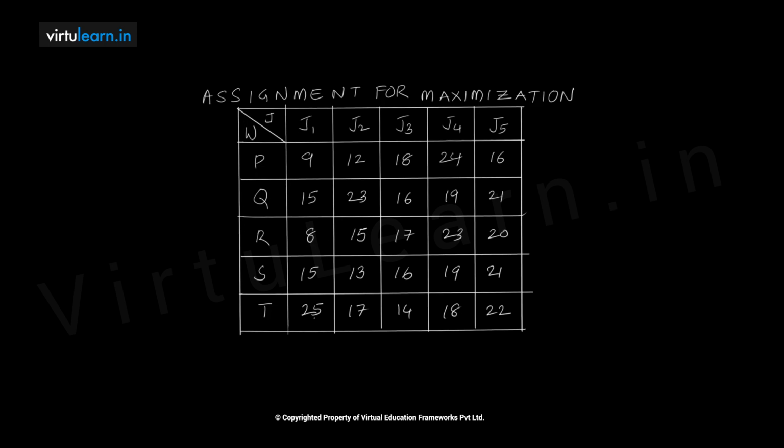After identifying the highest element, we have to subtract each element of the entire table, all the rows and all the columns, from that highest element, 25 in this particular problem. Then we write the table and proceed further.